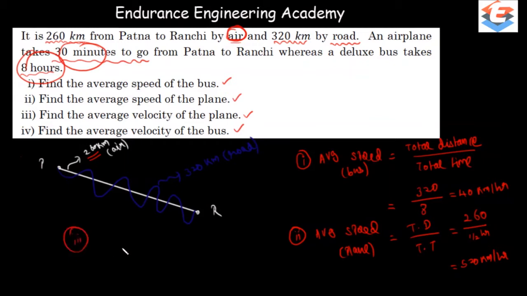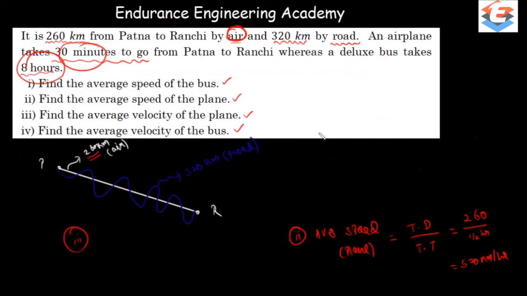So what about the third one? Let me erase it so that I will have some space. So third one was average velocity of the plane. Okay, so now they are asking average velocity of the plane. We know that simply average velocity means what? Displacement by time taken. What is the displacement here?